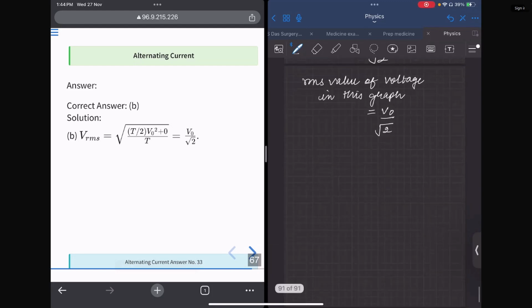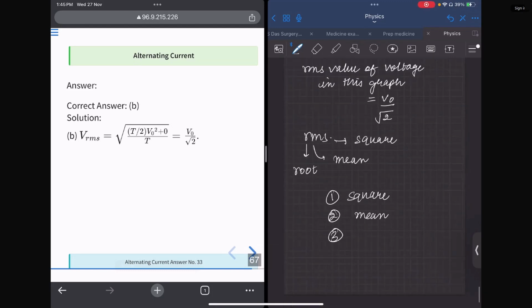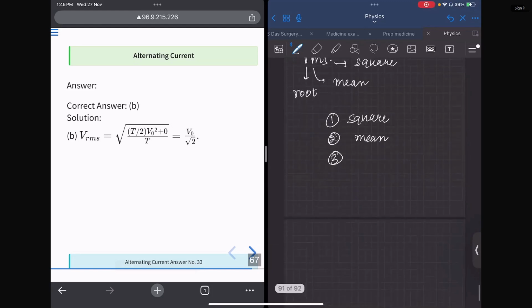Again, we'll take a look at what we did. We calculate the RMS, so we will go in the backward direction. RMS means root, then we have mean, and then we have square. So first we'll square the quantities, then we'll take the mean of the quantities, and third we'll take the root value.